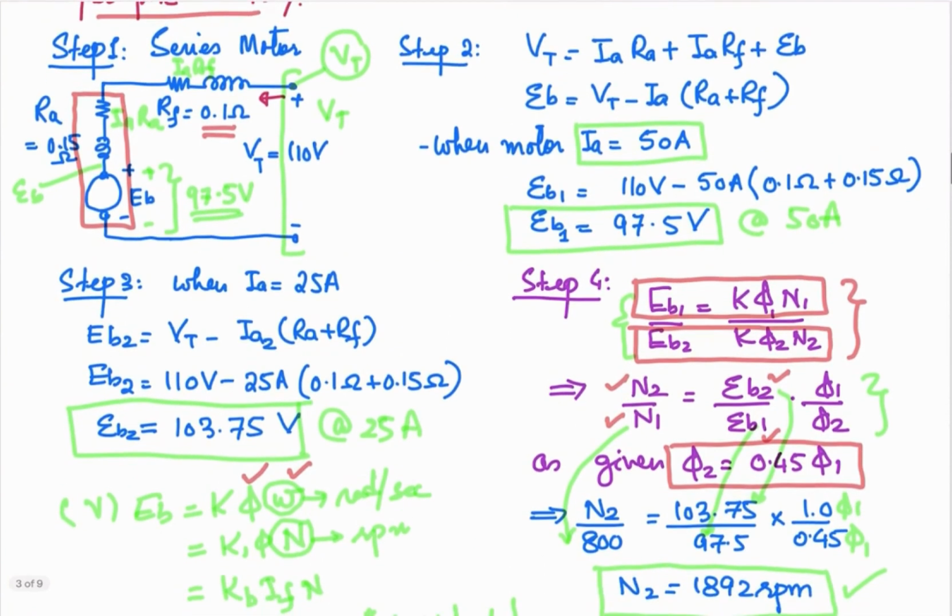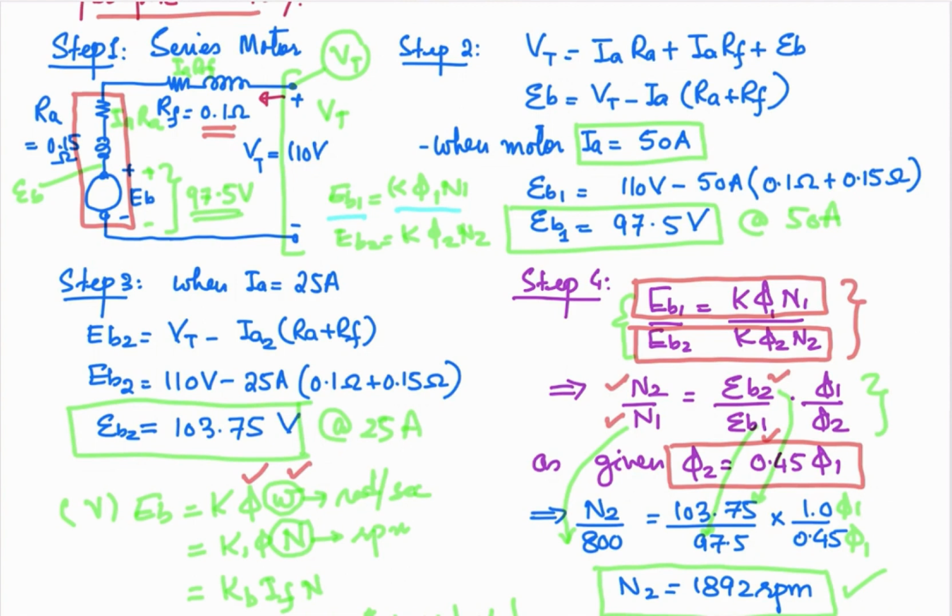So what is the key point here? The key equation is this one: you compare the back EMF in two states. The back EMF at the first state is K phi 1 into N1, and the back EMF at the second state is EB2, K phi 2 into N2. By taking the ratio, you observe that if the speed changes, the back EMF changes in proportion, or if the back EMF changes, the speed changes accordingly.